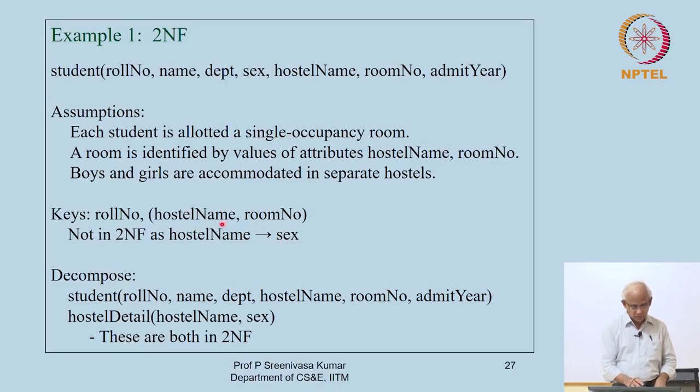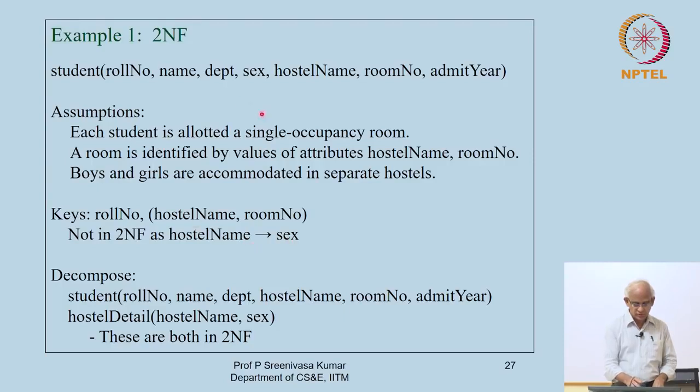Now this functional dependency is such that this sex attribute is not fully functionally dependent on the key. The key is hostel name, room number. So on this key you can see that only part of that key determines this attribute.